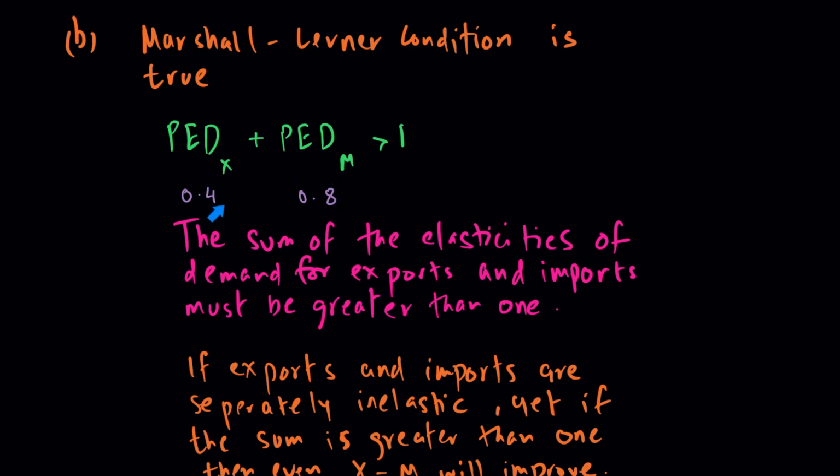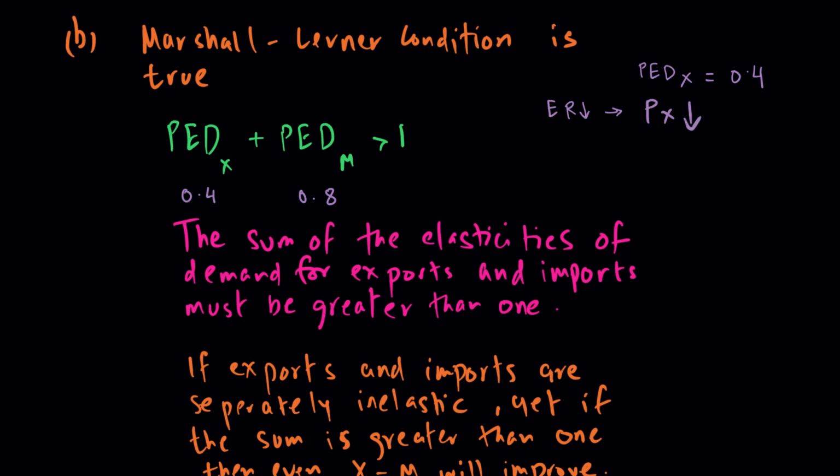And I want to look at what happens if a good is inelastic and we lower the exchange rate. Let's say my PED of X is 0.4, what will happen then? Well, if I lower my exchange rate, the price of exports will fall.